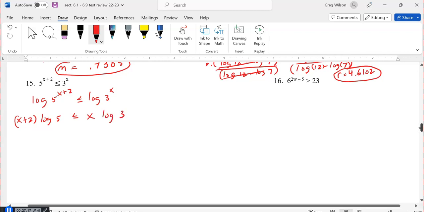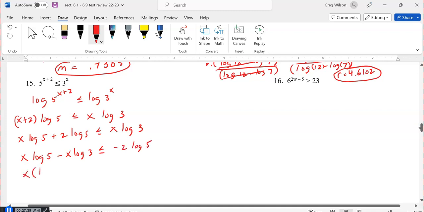Since I have the variable on both sides, I'm going to have to distribute, so I can get the x logs together, so I can factor out x. And now I can solve for x by dividing by this on both sides.